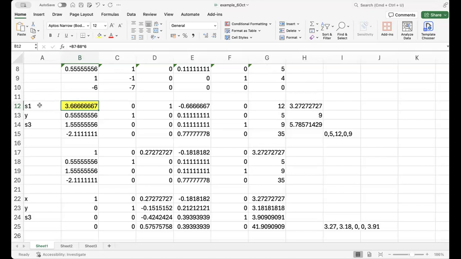So for the next round, we have X, Y, and S3 as our basic variables.